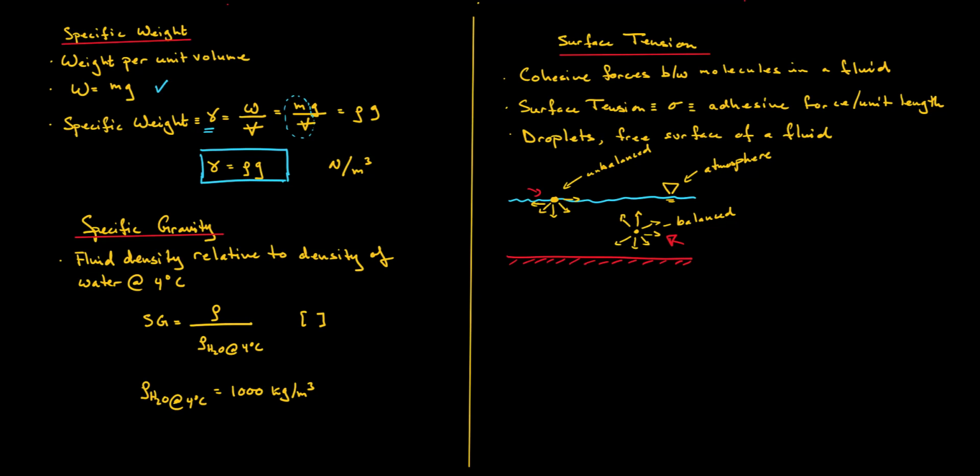In SI units, sigma has units of newtons per meter. And this makes sense because we are saying that it is an adhesive force which has units of newtons in SI per unit length, m.